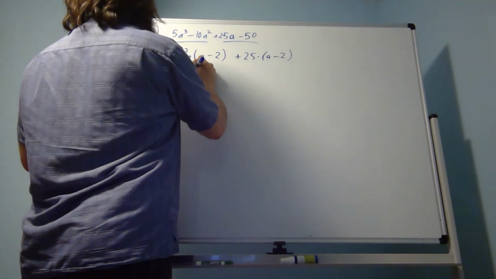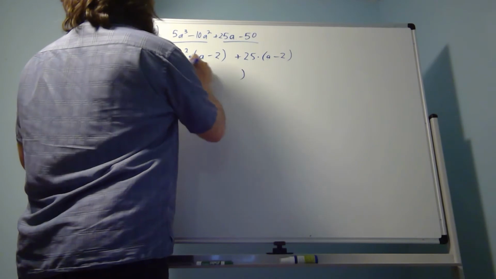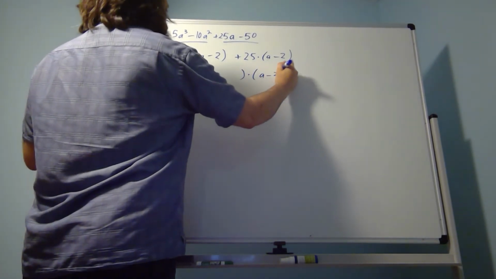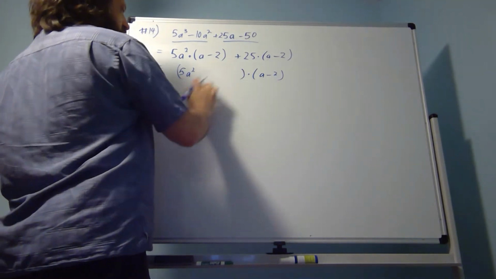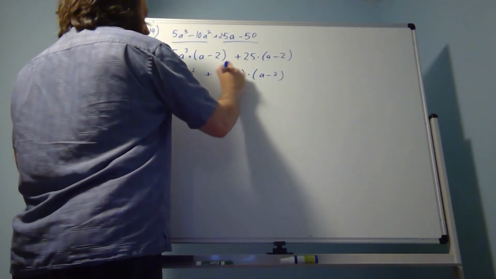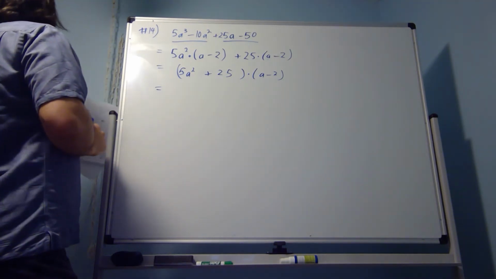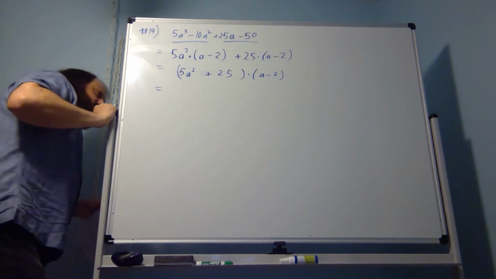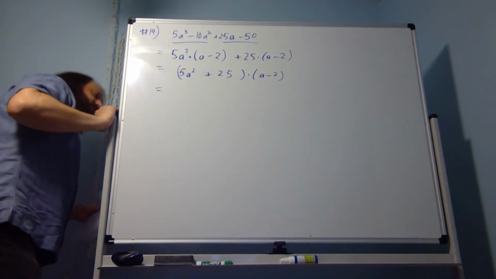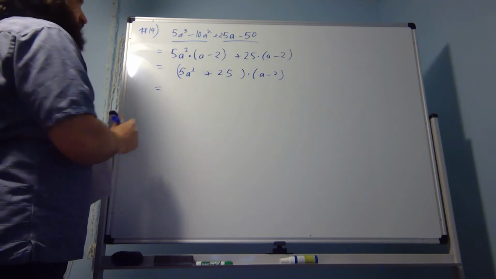So 5a squared. Both of these things have an a minus 2 in common. How many a minus 2s do we have? We have 5a squared of them, and then another 25 of them. But we can actually go a little bit further. The book calls this synthesis, I guess, when you do more than one method.